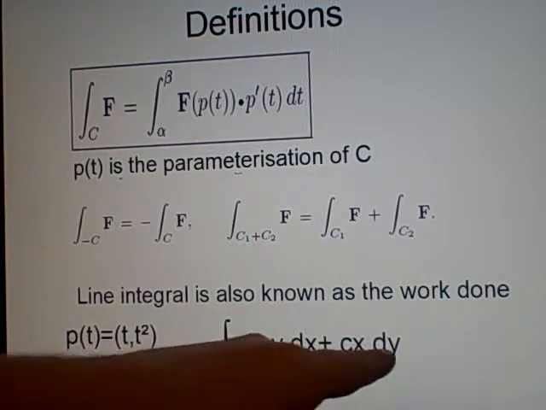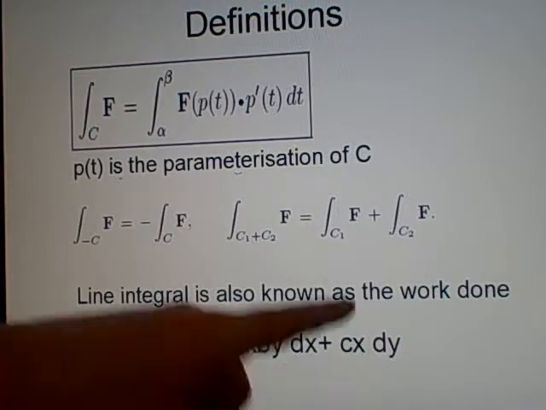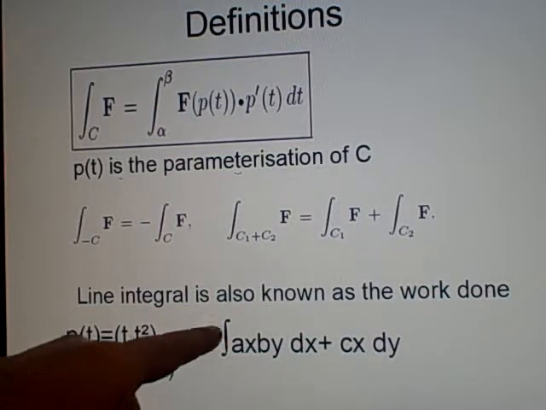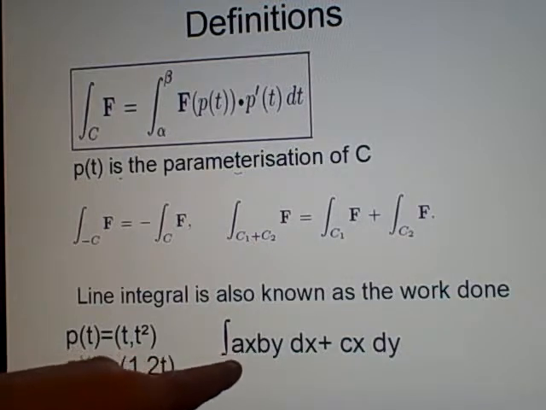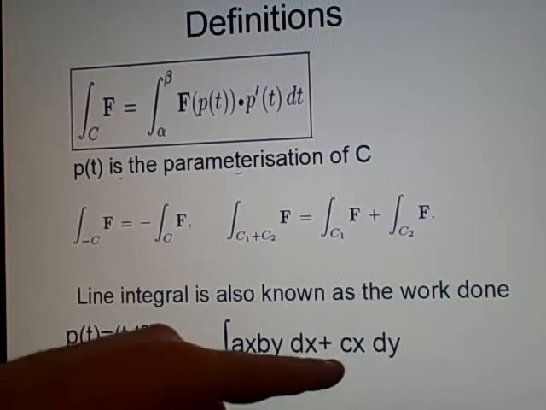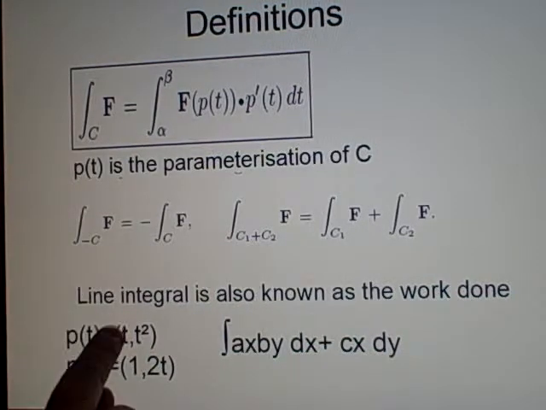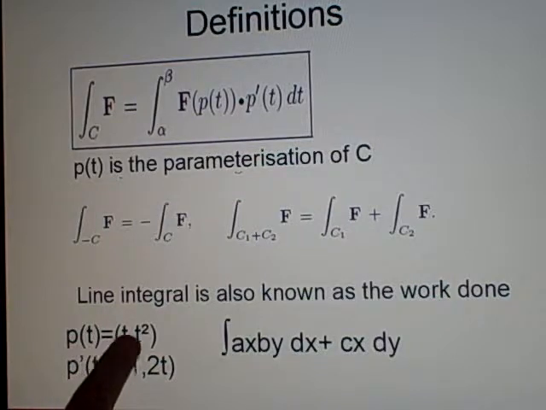Here alpha, a, b, and c are just scalars, and x and y are the variables, and this is our integral that we're going to be working with: ax by dx plus cx dy. Now what you do is you get these parts from here. So this is our x and y, and this is our dx and dy, because we've differentiated.